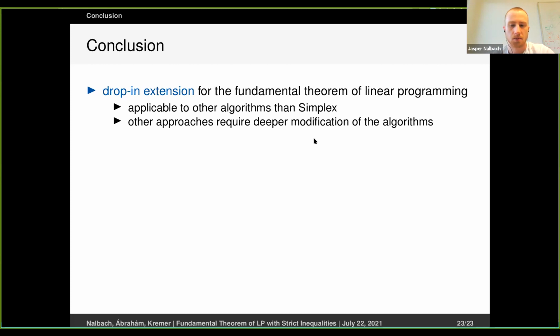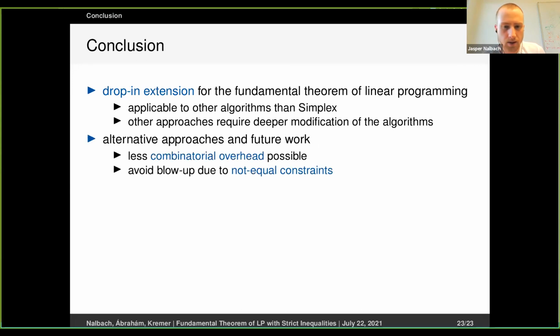We also know that other approaches for handling strict inequalities require a deeper modification of the algorithms. What would be interesting in the future is whether alternative approaches can avoid this combinatorial overhead which I mentioned, and also avoid the blow-up that is caused by those not equal constraints.